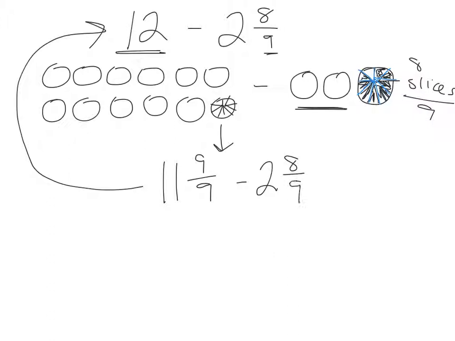Now that I have a fraction, I can subtract across. 9/9 minus 8/9 is 1/9. 11 minus 2 is 9. So 12 minus 2 8/9 is equal to 9 1/9.